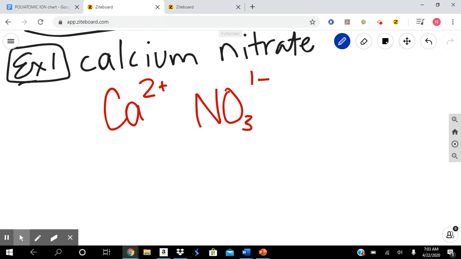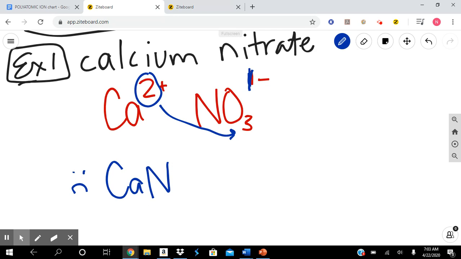All right, the common mistake that most students make is that, remember, we never crisscross this 1, so this is not going anywhere. But they know that this 2 has to get crisscrossed down. So some common wrong answers are CaO6.